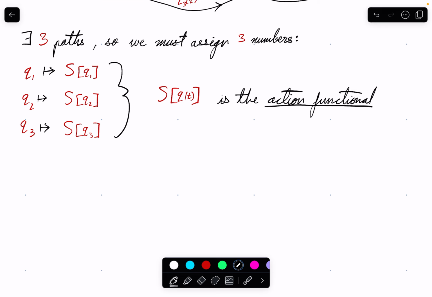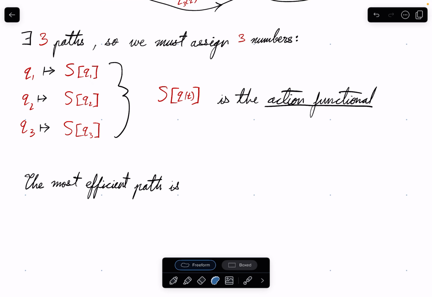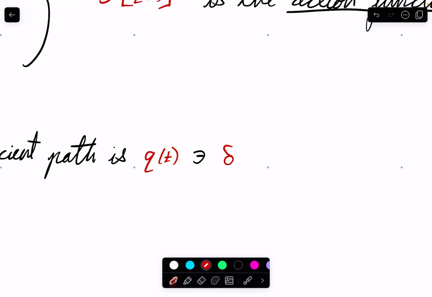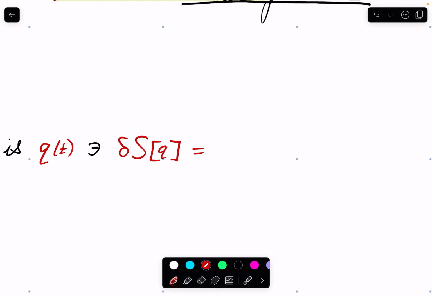What that means is the most efficient path is one where q of t is such that a small change in the functional of that path, which is equal to the definition of this little change, is just the differential of a functional.